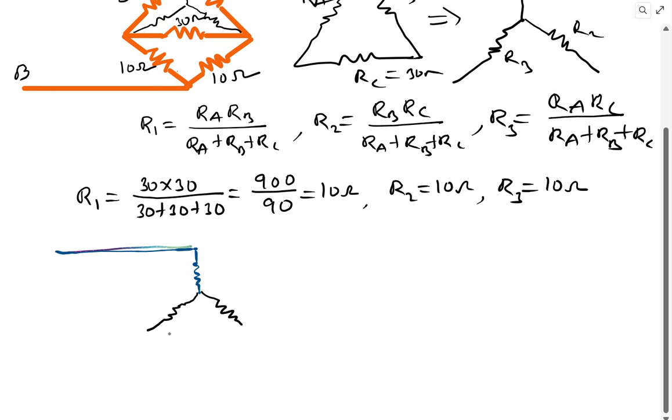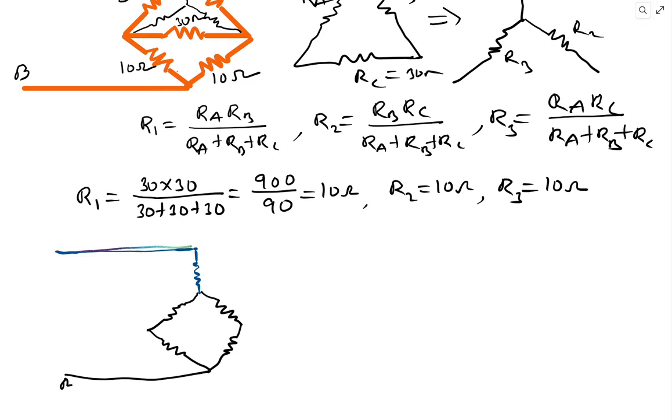And this 10 ohms comes like this, and this is B. Now this is 10 ohm, this is 10 ohm, this is 10 ohm, this is 10 ohm, this is 10 ohm.